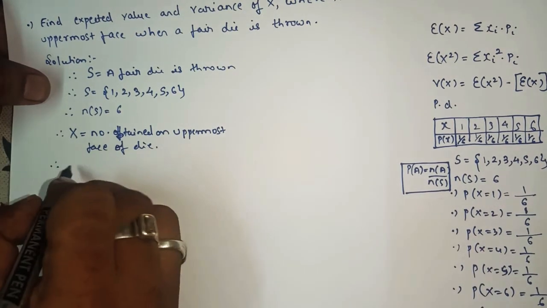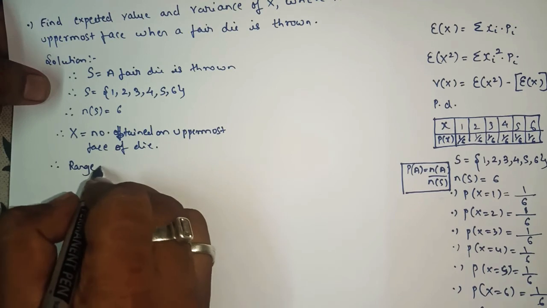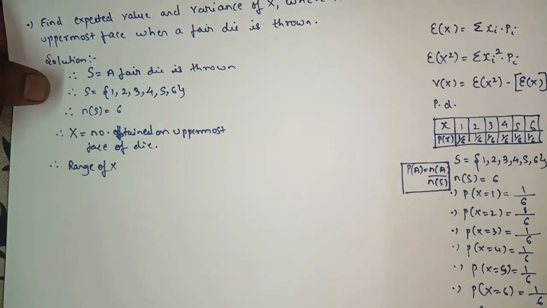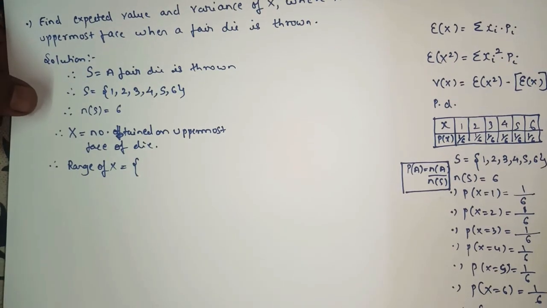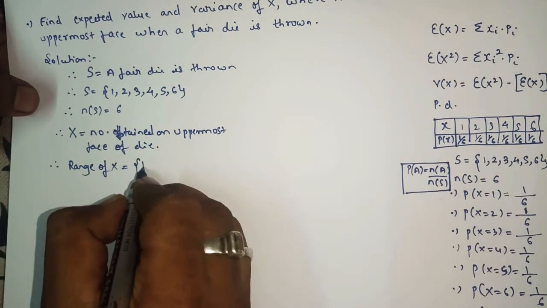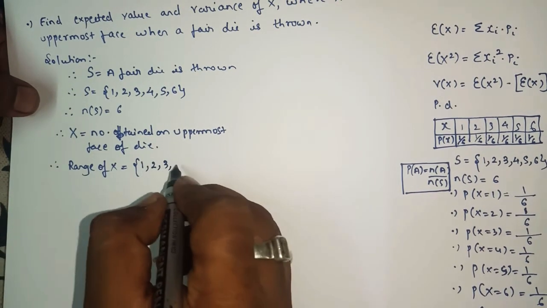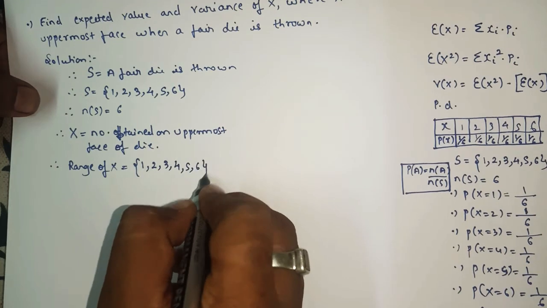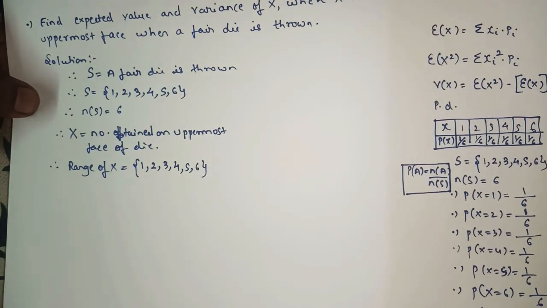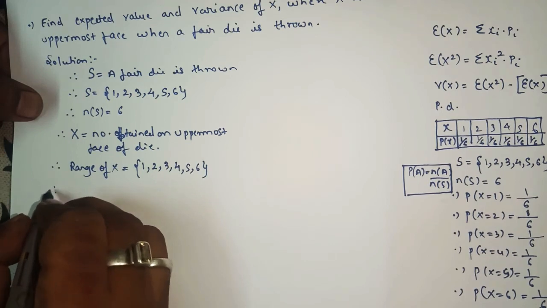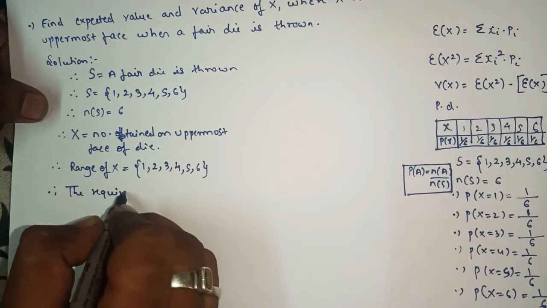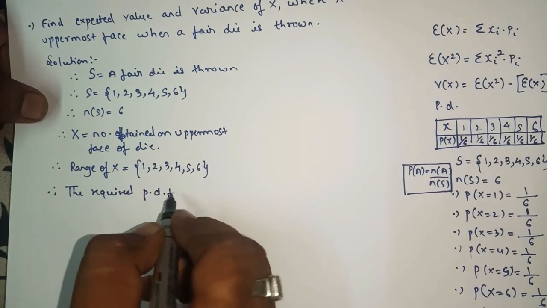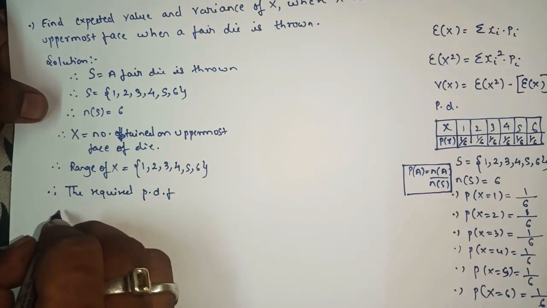After this we'll write the range of X. As for this sum, the range of X, remember, will start from 1 only. We cannot see 0 on a dice. So 1, 2, 3, 4, 5, and 6. So we can say the required PDF will be what?